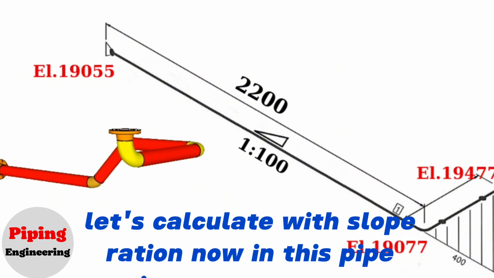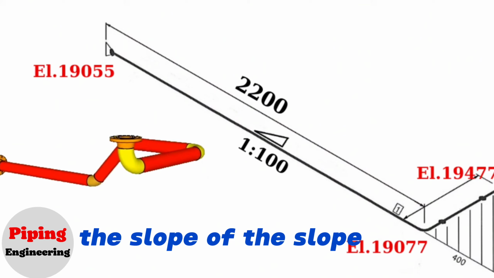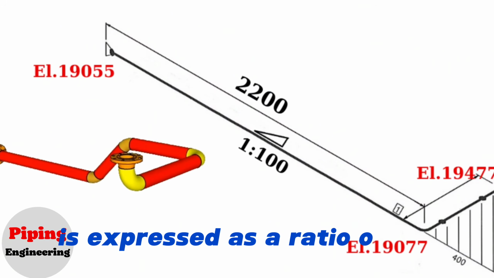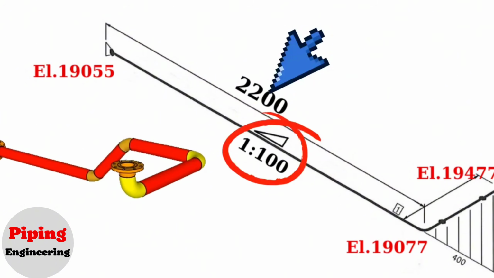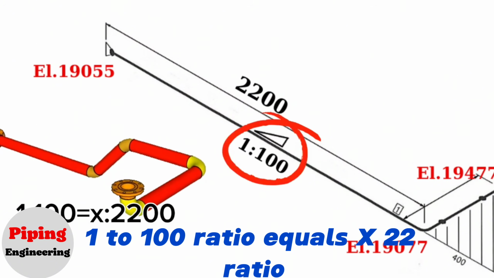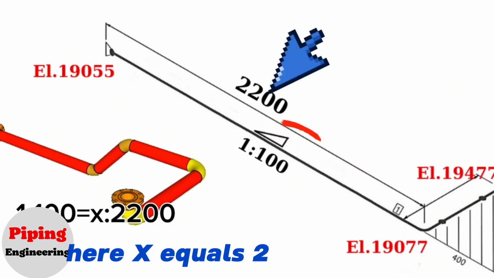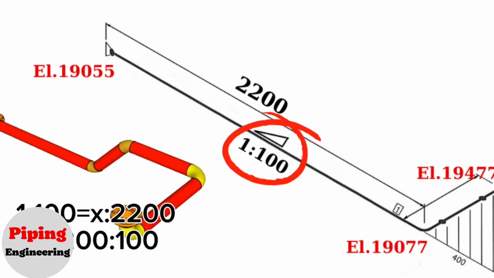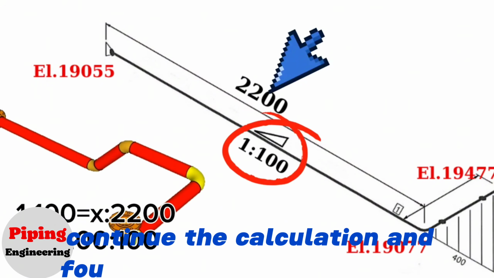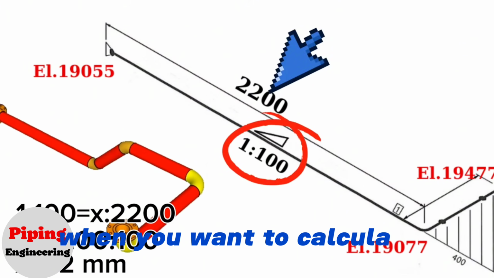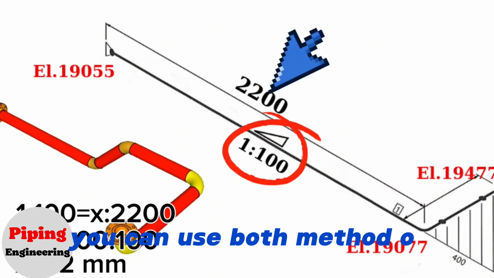In this pipe isometric drawing, the slope at a horizontal distance of 2,200 is expressed as a ratio of 1 to 100. 1 to 100 ratio equals x to 2200. Here x equals 2200 divided by 100. Continuing the calculation, we find x equals 22 millimeters. When you want to calculate a slope, you can use both methods on the piping drawing.